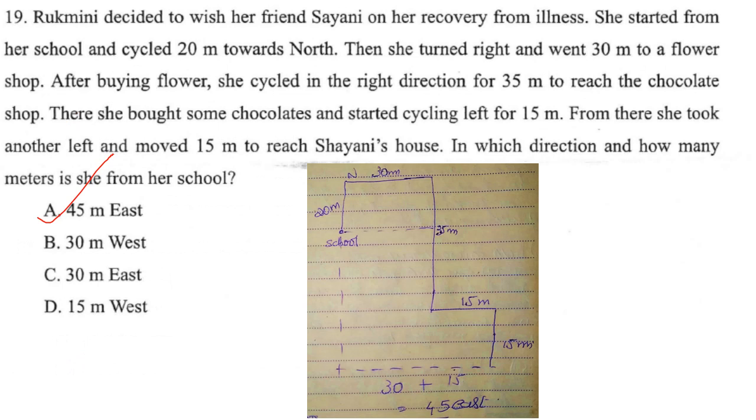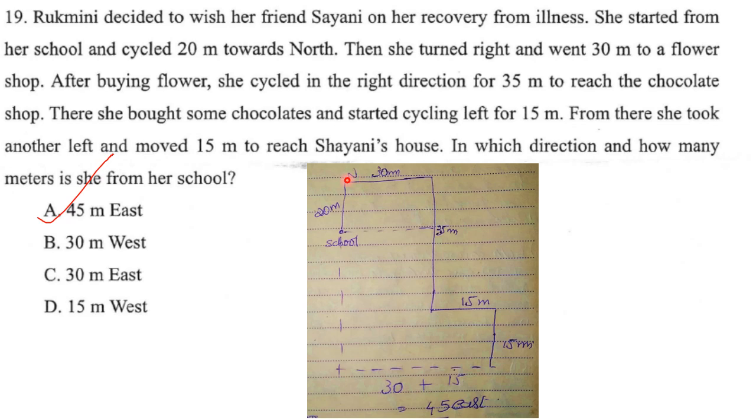The next one. Rukmini wished to wish her friend Sayani on her recovery from illness. She started from her school and cycled 20 meters towards north. So this is it, 20 meters towards north. N I have written over here to show that it is north.